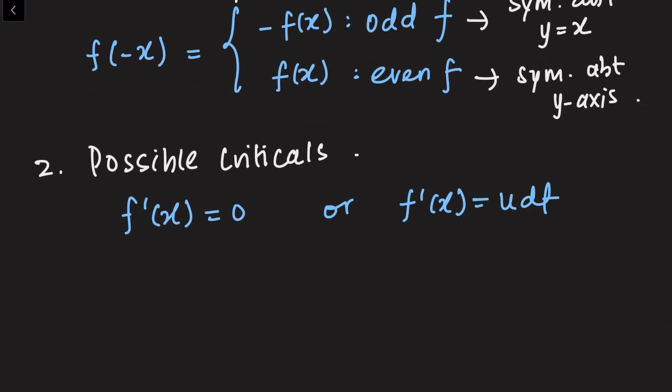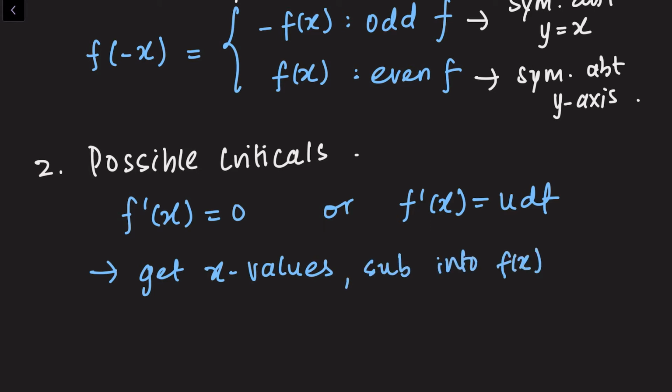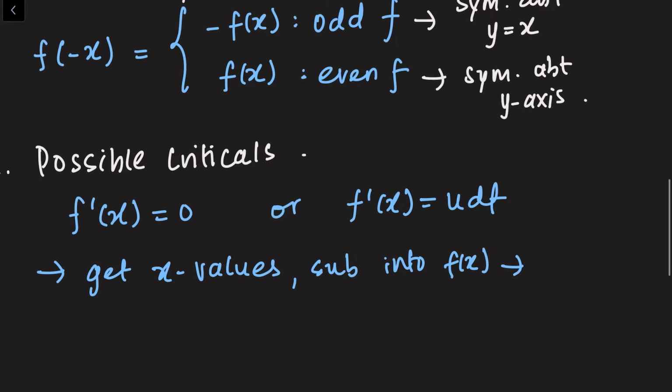And by letting it be 0 or undefined, we can solve for our x values. Then we sub into f of x, the original graph, to find the coordinate x, then f(x). These are our possible critical points, f of x.